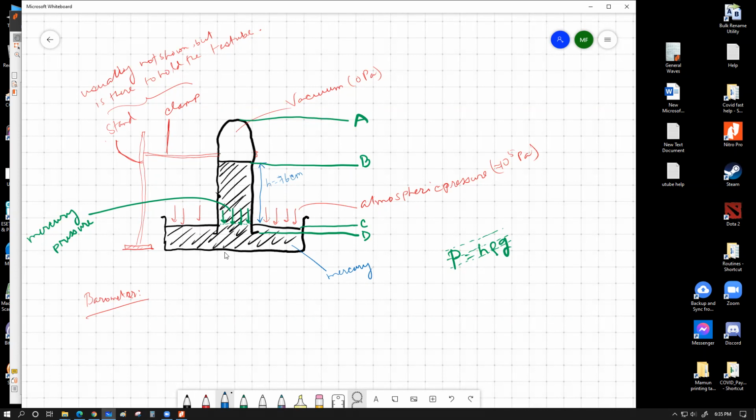Full stop. So atmospheric pressure can also be expressed like this.